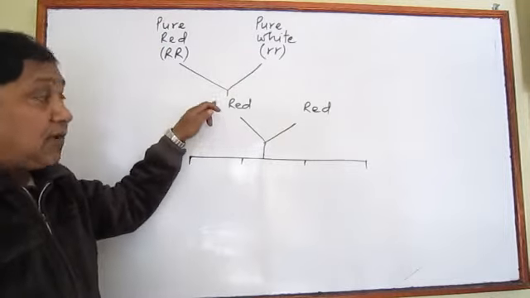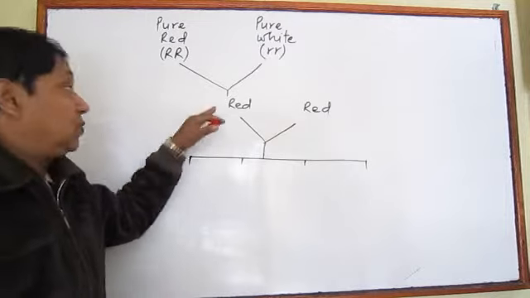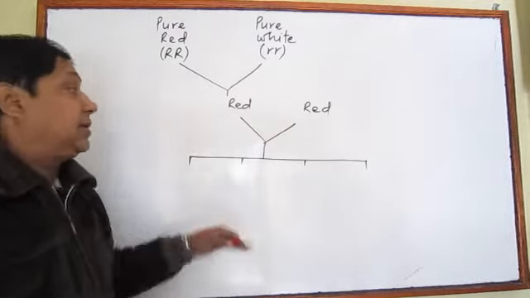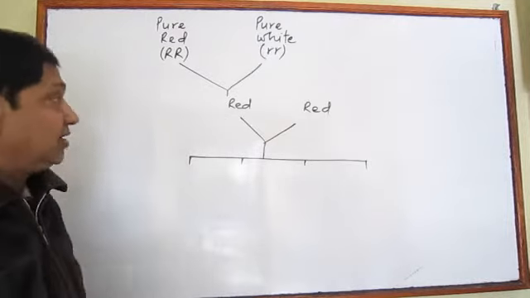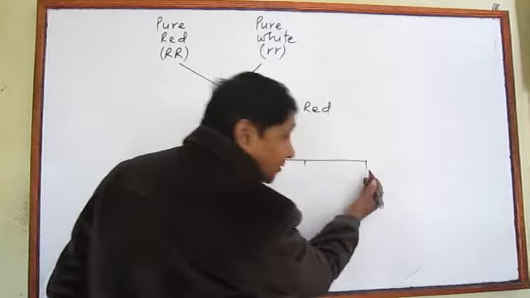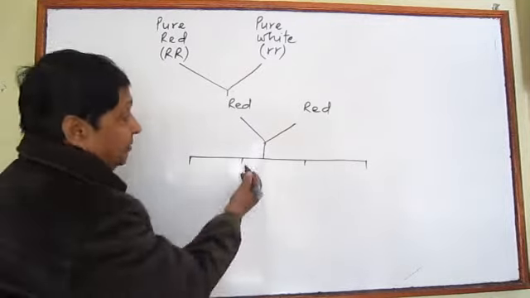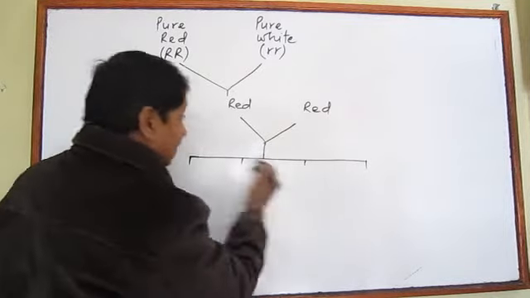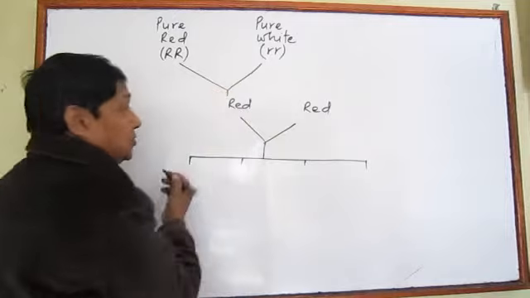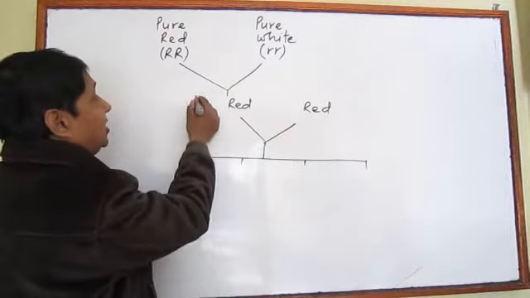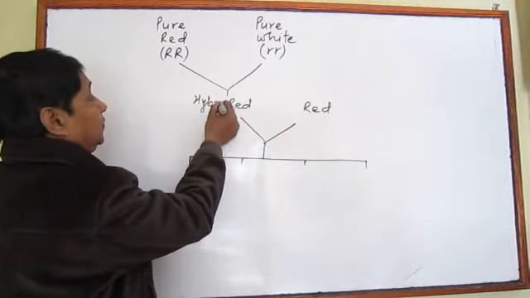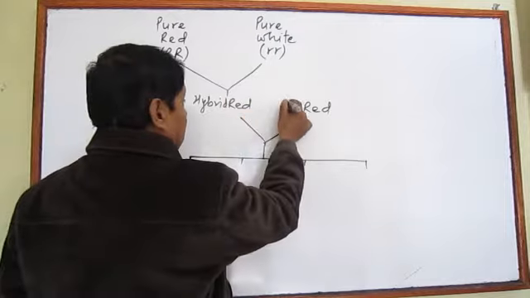All the pea plants in the first generation appeared red, but when the red of this first generation is self-pollinated, both red and white appeared in the second generation. It means this red of the first generation is not pure red; they are hybrid red.